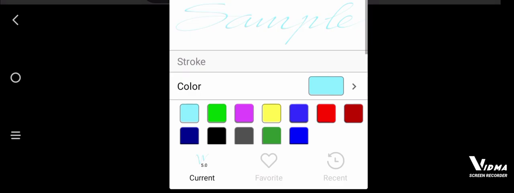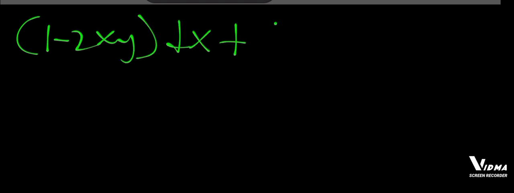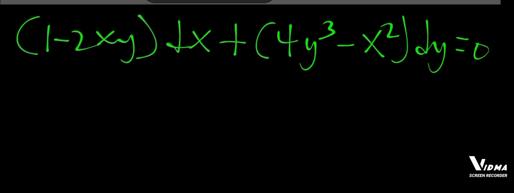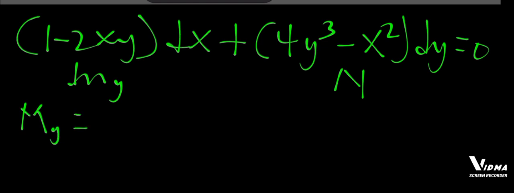I have an example here which says we have (1 minus 2xy) dx plus (4y cubed minus x squared) dy. So to check whether it's exact, let's say this is my M and this is my N. So the partial of this with respect to y, let me say M sub y, will be equal to minus 2x.